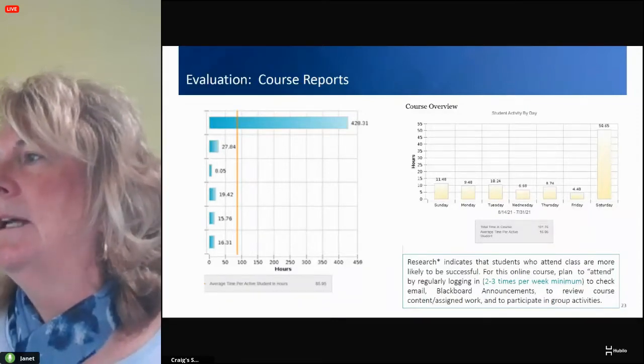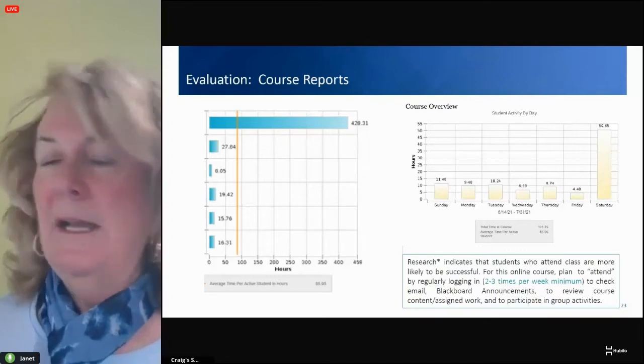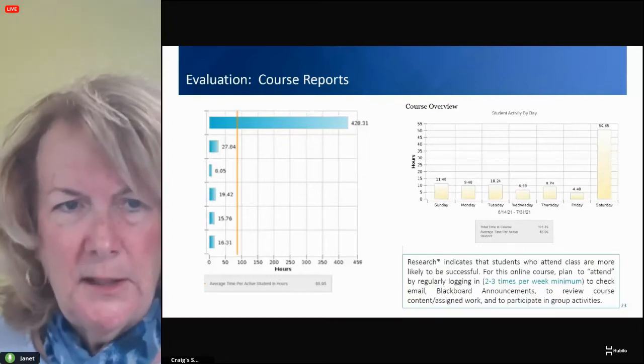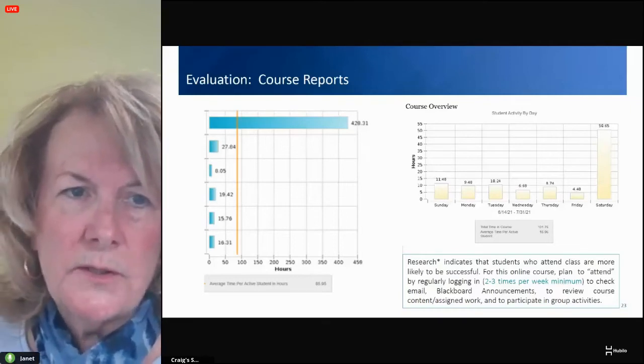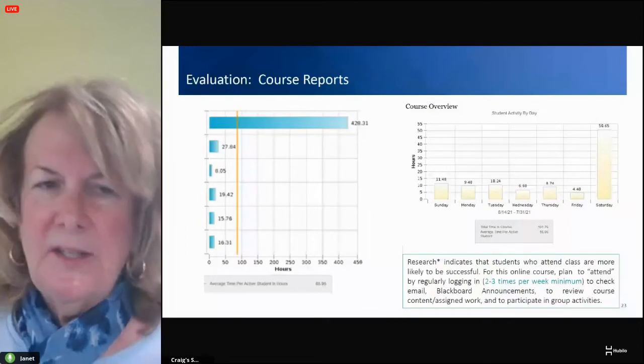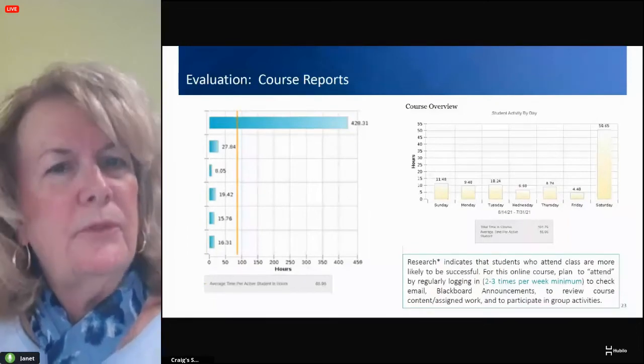I logged in and I see that they're logging in largely on Saturday, and assignments are due at 9 a.m. Monday morning. And they're supposed to be spending about 10 hours a week in the course. And they're exhausted. They've been working. So this gives me some behind the scenes information that I can talk with the group about.